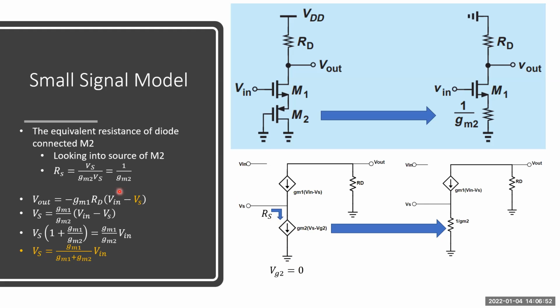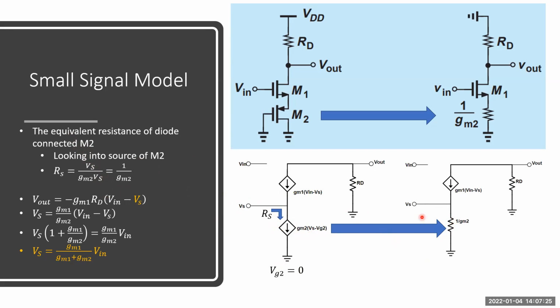Then RS equals Vs divided by gm2 times (Vs minus Vg2). Vg2 is 0, so the current value is gm2 times Vs. Vs cancels out from the numerator and denominator. Then the equivalent RS equals 1 over gm2. We can show this equivalent resistor like that. This is just a resistor in the small signal model.